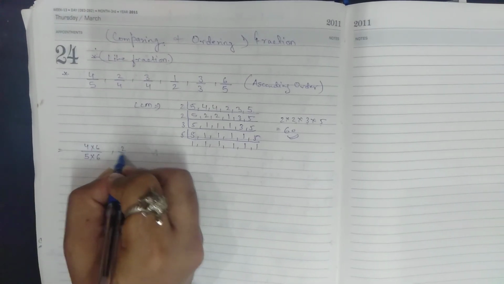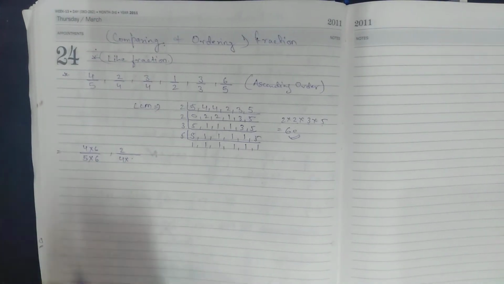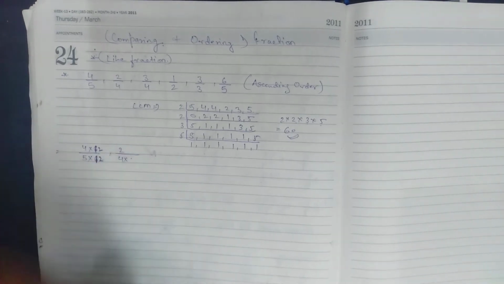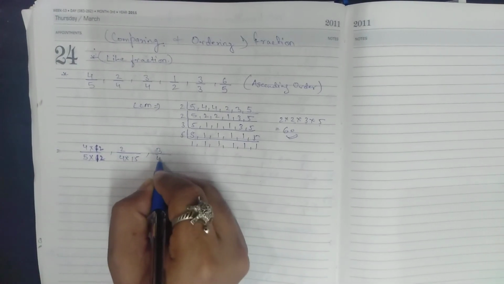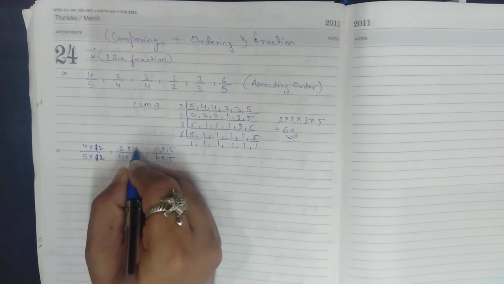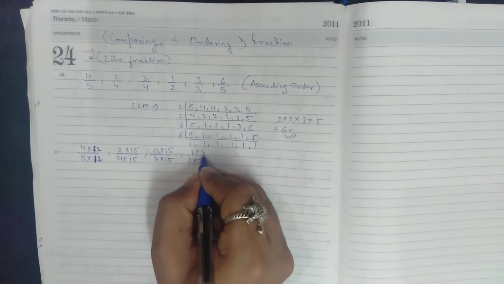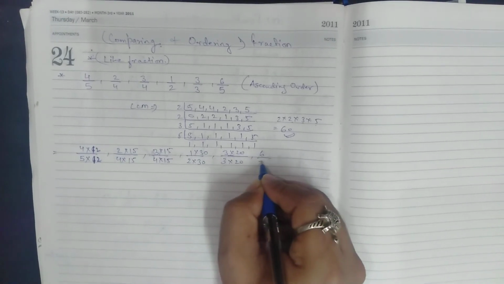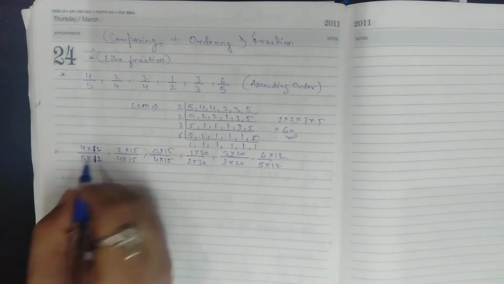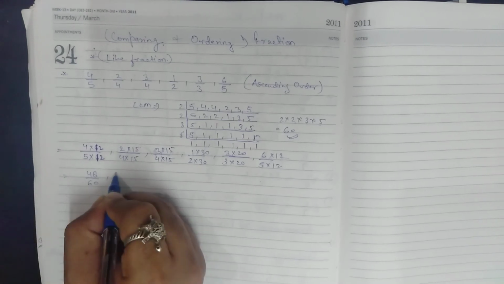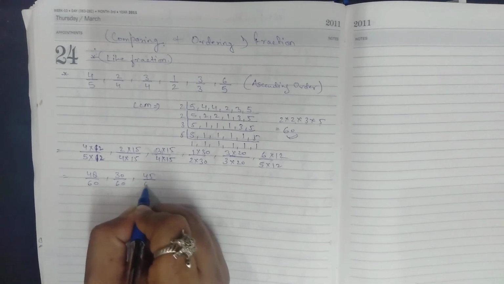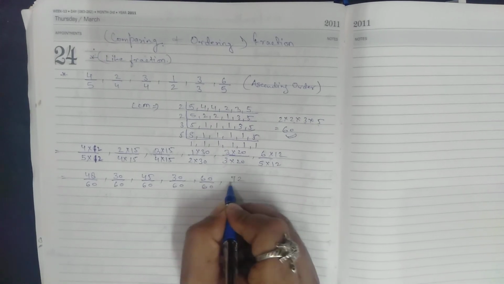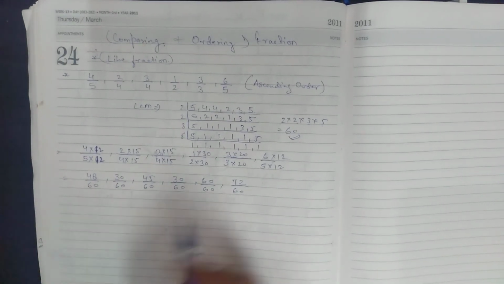Here also 12. 4, to make it 60, 15 should be multiplied. 2 by, which gives 30, multiply with the numerator also. 3 by 3, 20, multiplied here also. 6 by this, 12, here also multiplied. 12 fours are 48 upon 60, 30 upon 60, 45 upon 60, 30 upon 60, 60 upon 60, 72 upon 60. क्लियर? ये समझ में आया कैसे हमने किया?